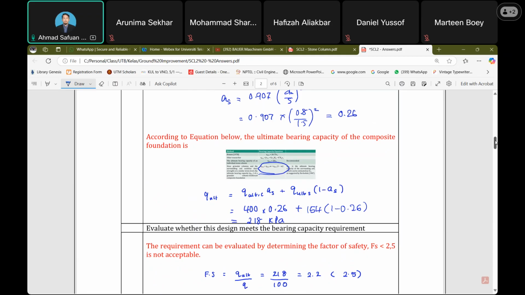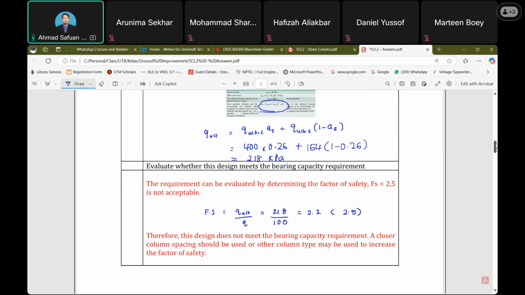So for the column it is 400 times the area of 0.26, the improvement area, and for the soil it is 154 times 1 minus 0.26. Then the value for Q ultimate is 218 kPa. So evaluate whether this design meets the bearing capacity requirement.